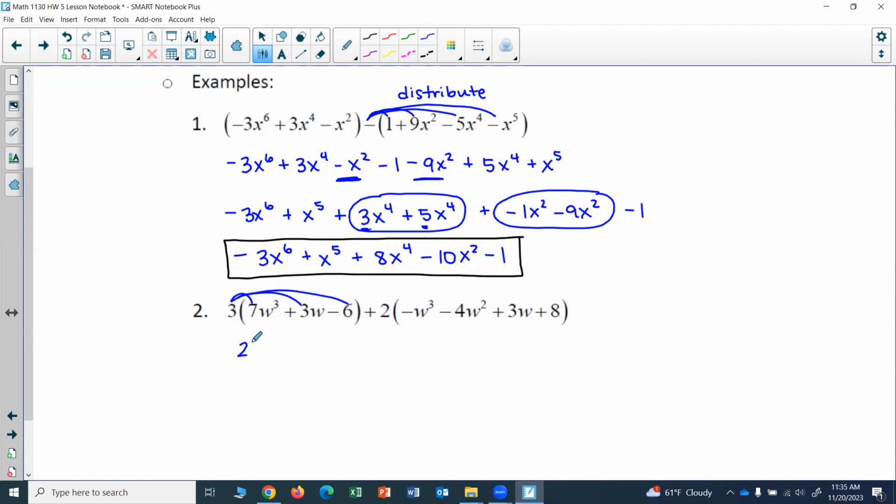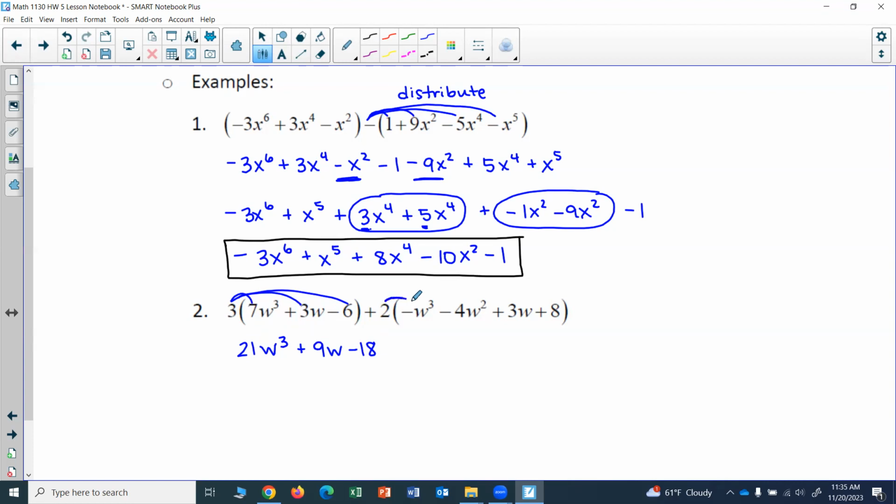So I will end up with 21w cubed plus 9w minus 18. So I did 3 times each number. So 3 times 7 gave me the 21, 3 times 3 gave me the 9, and 3 times negative 6 gave me the negative 18.